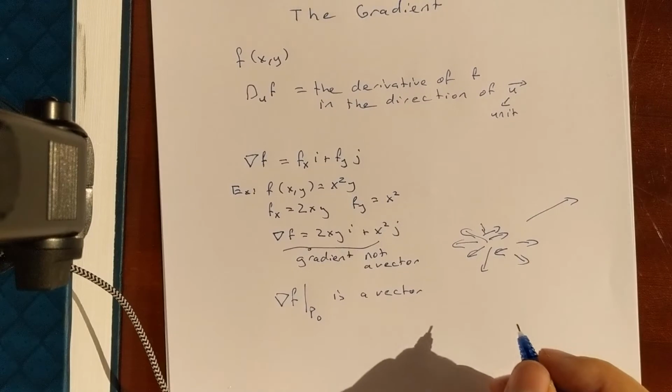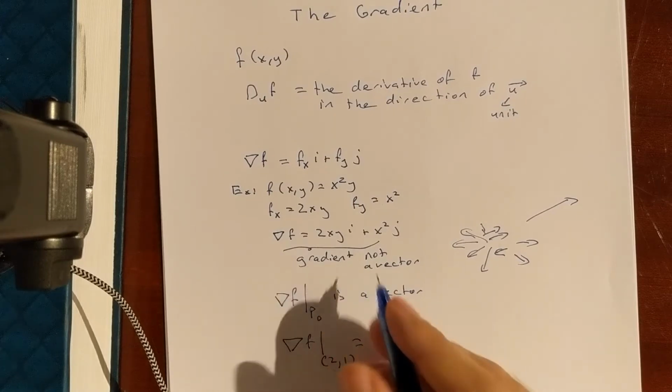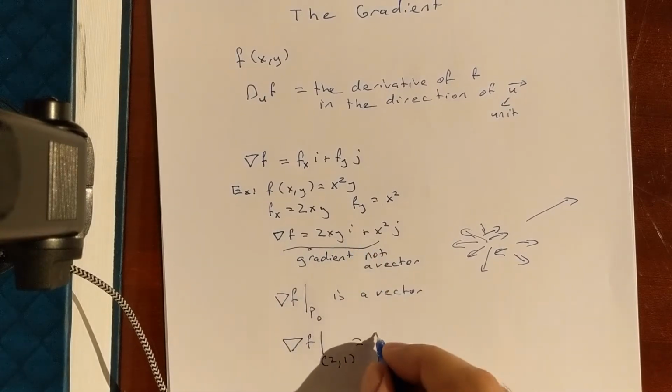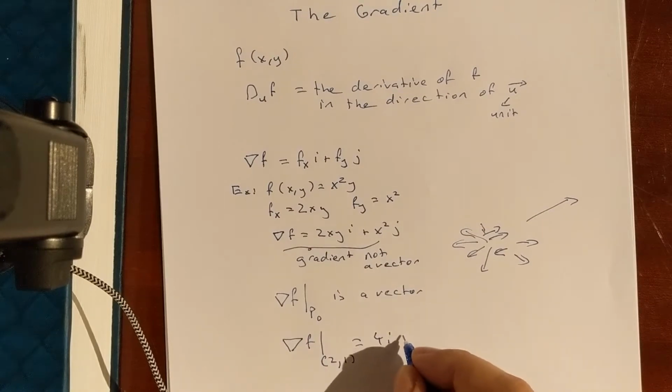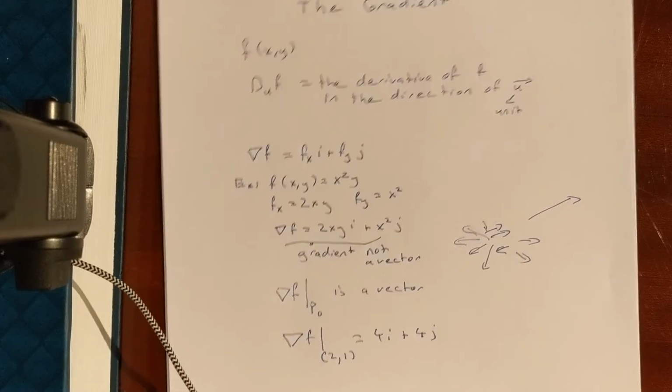So if we were trying to find the gradient of f at, I don't know, (2, 1) or something like that, for the above example, this would be just 4i plus 4j. Sorry, it came out symmetric. What can you do?